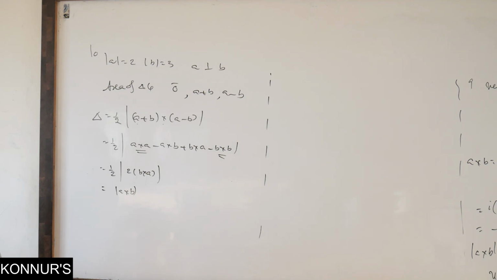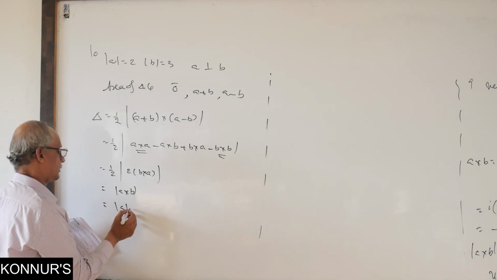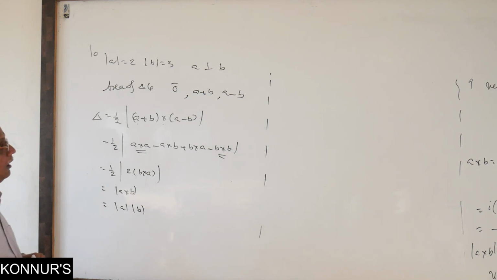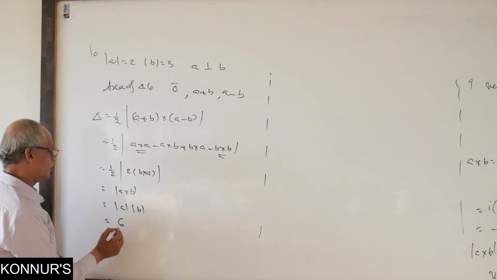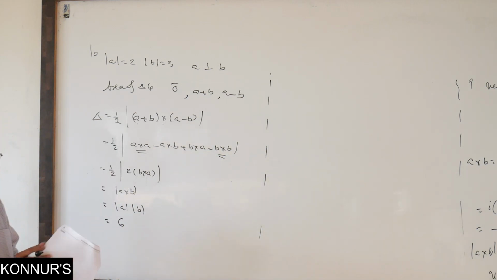It is not a problem with the theta, because they are perpendicular also. A is perpendicular to B, same as B is perpendicular to A. Now what is the magnitude of this vector? AB sin 90, where AB is given as 2 into 3. So third option. That is it.